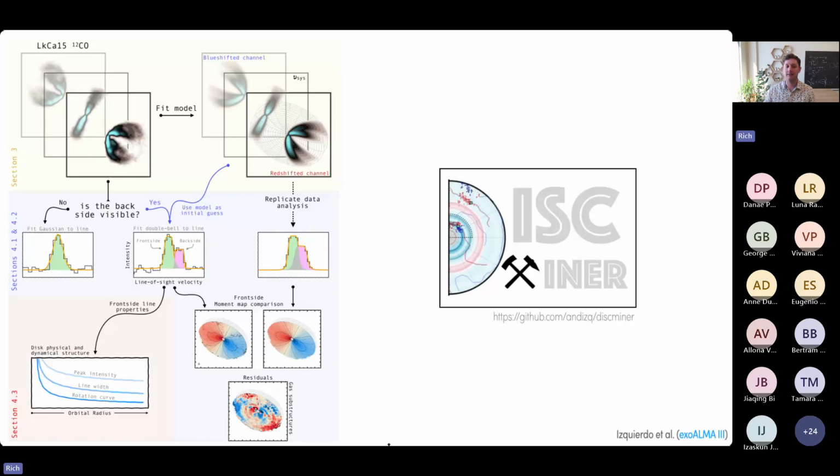We can look at the decomposition of the velocities, so the rotational, radial, and vertical components, and so on. So DiskMiner is a hugely powerful tool, and as I say, it really was the backbone to a lot of the analysis here. And I'd really recommend people go out and check out this code if you wanted to look at similar sort of data yourself.